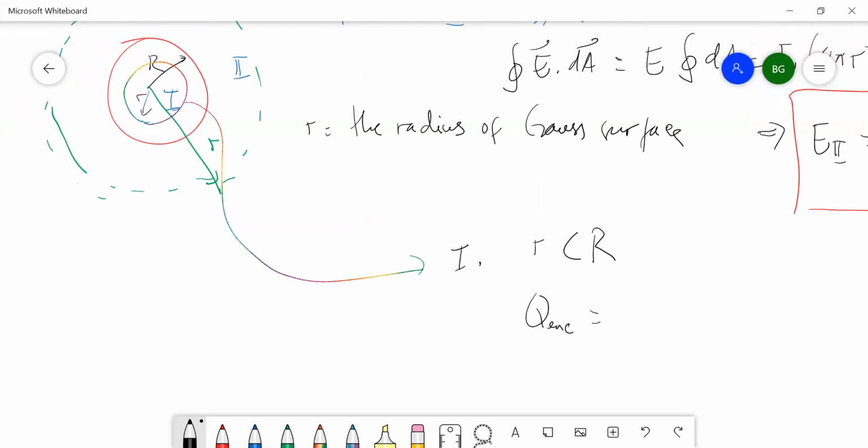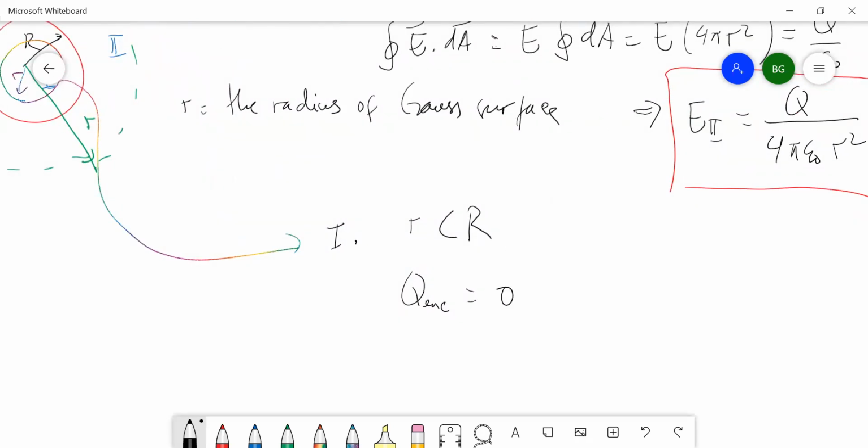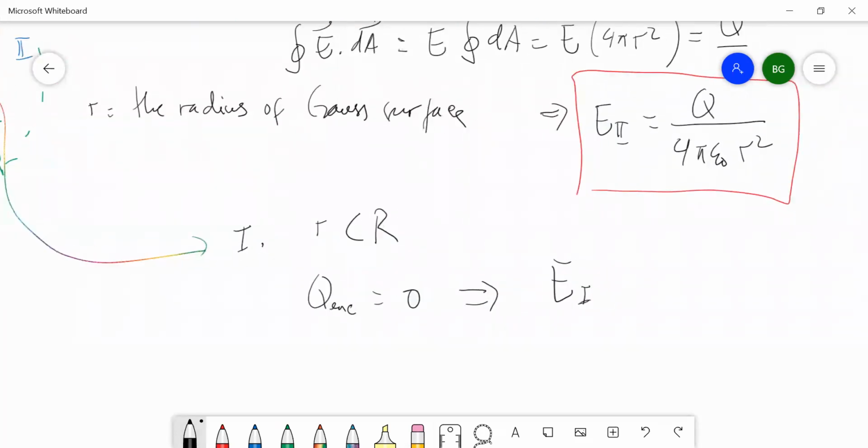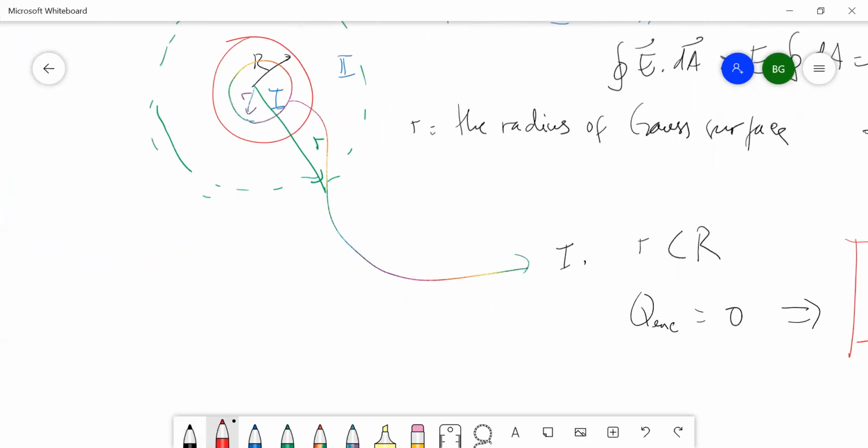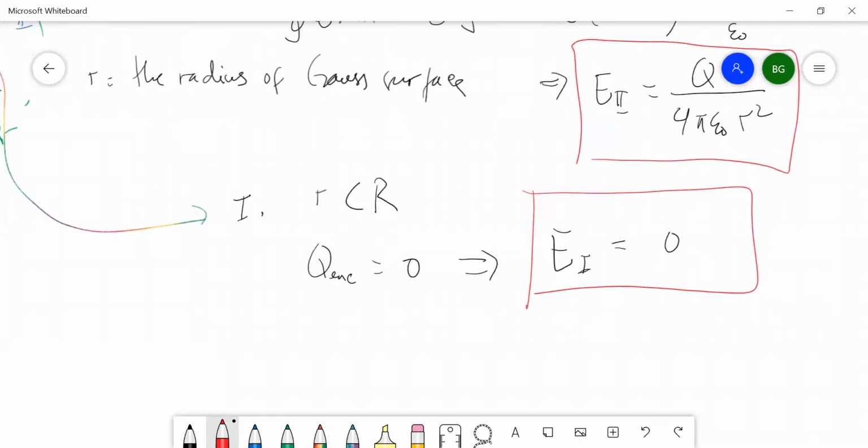Let me continue. Here Q enclosed, we don't have any charges inside the sphere, so it should be 0. Then E1 is 0. So the electric field inside the thin shell, inside the thin sphere, is 0.